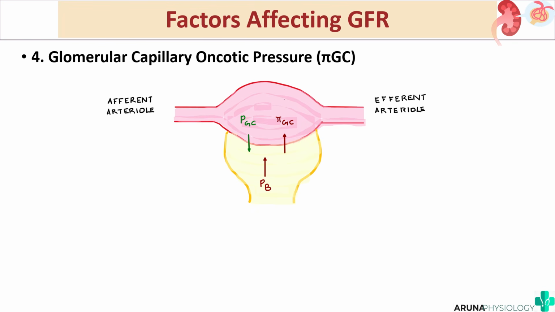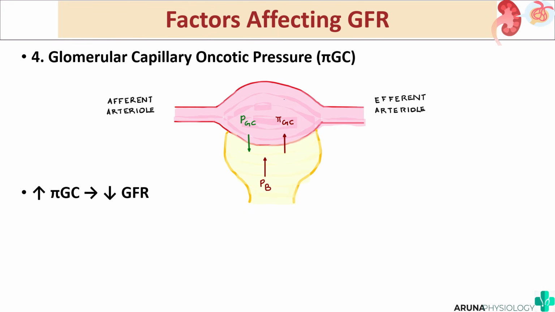Next factor is the glomerular capillary oncotic pressure, which means it is going to oppose filtration. So naturally, when it increases, it is going to decrease the GFR. So what are the conditions in which the glomerular capillary oncotic pressure increases? See, we know that the oncotic pressure is usually due to the colloids, for example, like albumin.